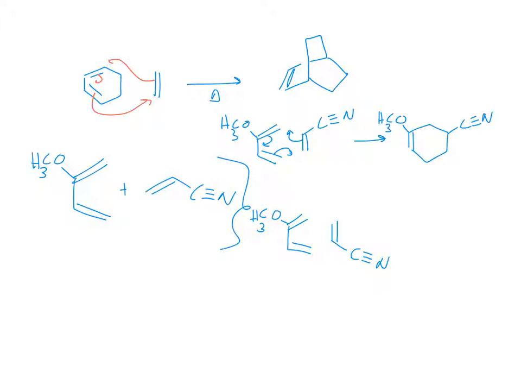We're going to have the same type of reaction, and what do we get? We get OCH3 here, double bond there, but our nitrile is down here. So what's the relationship between these two products? These two products are constitutional isomers, right?